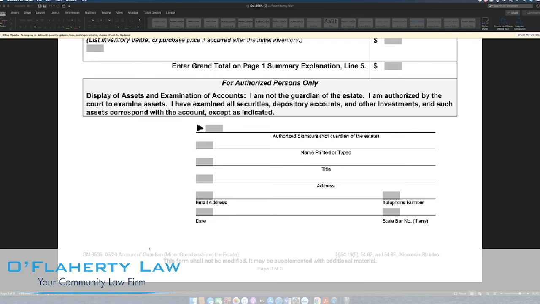So it's kind of a quick and simple explanation for something that is actually very serious and complex.